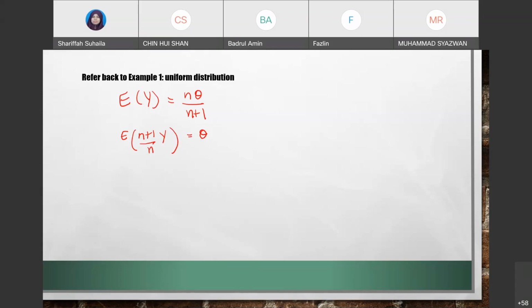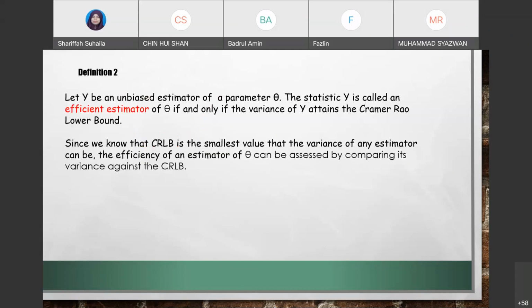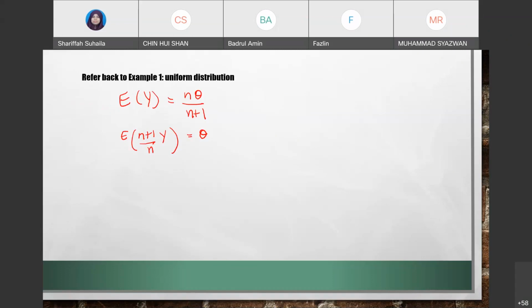Okay. Now, kita nak dapatkan dia punya Cramer-Rao lower bound. Okay. So katakan yang tadi, kamu punya ni adalah uniform distribution, yeah, which is your f(x; theta) is 1 over theta.